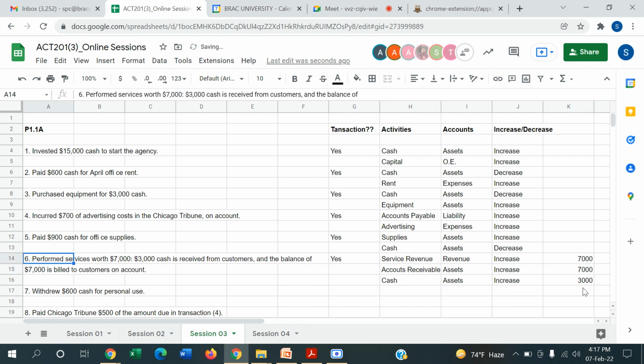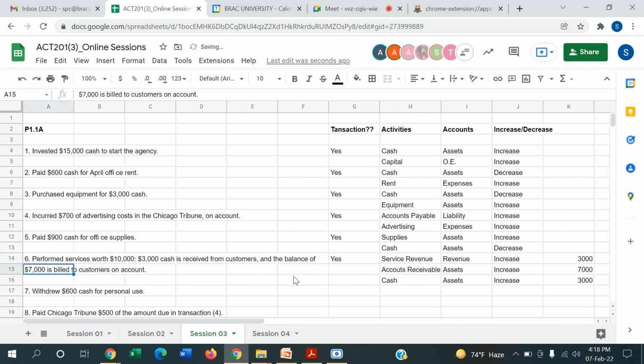Now merge these two. We have provided services in total of 10,000. Of the 10,000, 3,000 is received in cash and 7,000 is due. So the first one is for 3,000: cash account and service revenue 3,000.